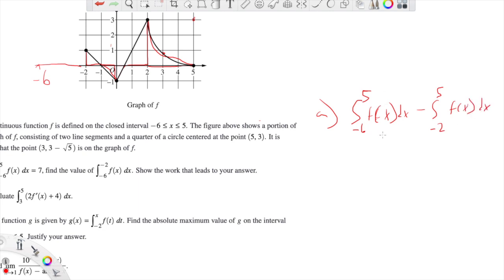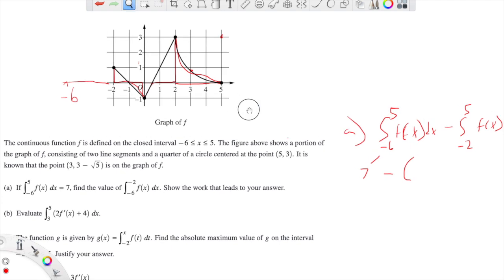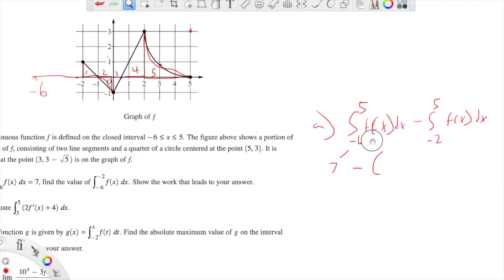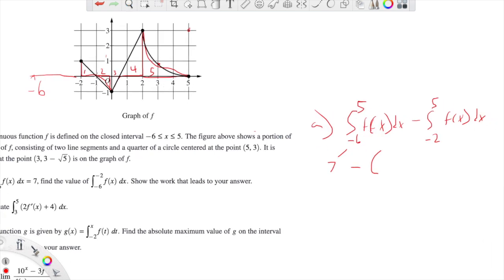And so this is going to be 7 minus, and then we got to solve this, right? So let's actually go ahead and number these. We got 1, 2, 3 over here, 4, and 5 pieces, right? So piece number 1 is just going to be base times height, 1 times 1 over 2, so half. And then piece number 2 is also going to be a half, so it's going to be minus.